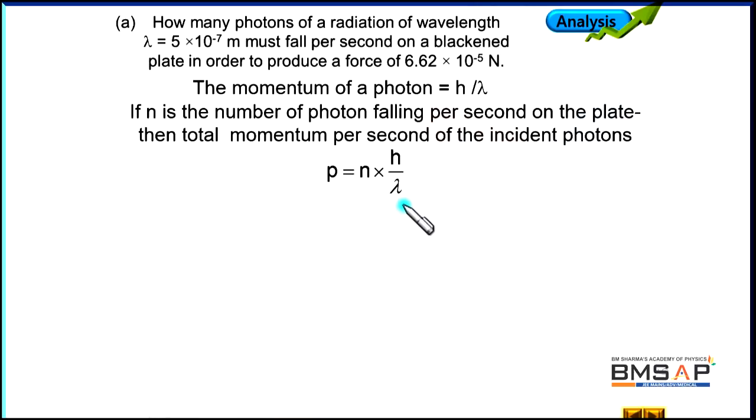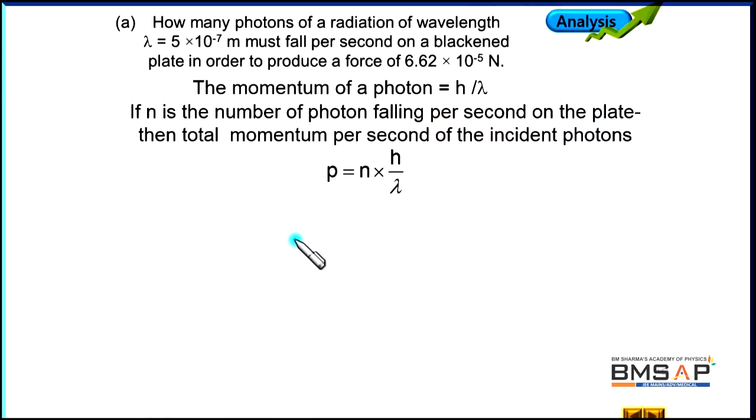nh divided by lambda. Because this plate is blackened, that means it is absorbing all of the radiation. That means the final momentum of the photon is equal to 0. That means we can find the rate of change of the linear momentum. That means delta p by delta t = nh divided by lambda minus 0, that is the magnitude.